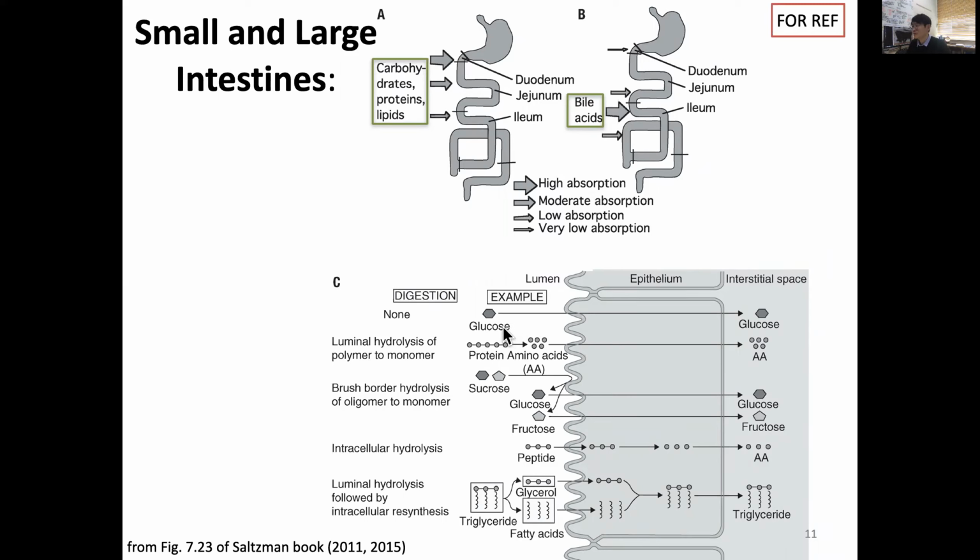For example, glucose passes directly through the epithelium into the intestinal interstitial space, eventually going to the hepatic portal vein, which increases our glucose level. And protein will be decomposed into amino acids, and amino acids can be taken up through this epithelium. And what about sugar? Sucrose will be decomposed into glucose and fructose, and they can pass through this epithelium.